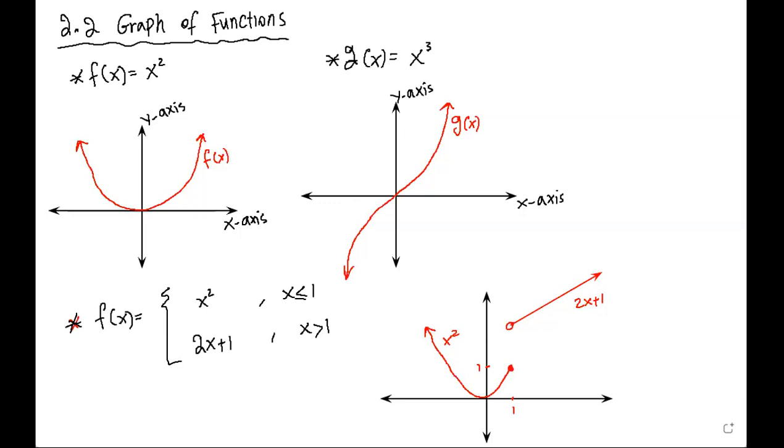Also, I gave another example for the graph of the function f of x equal the absolute value of x. Here, x squared, let me put it on this side. This is the function x squared, and this is x plus 1. Also, I was talking about the absolute value function f of x equal the absolute value of x.